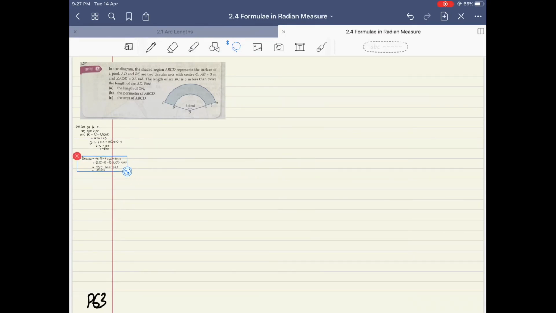Okay, let me just shrink this so I have a bit more space to write. Finally, we look at part C, the area of ABCD. We have done something similar when we did the areas of sectors and segments in 2.2, I believe. So now, what we do is we take the area of the largest sector, OBC. We minus away the area of the smaller sector, which is OAD. Then what we're left with is this portion here that we would want.